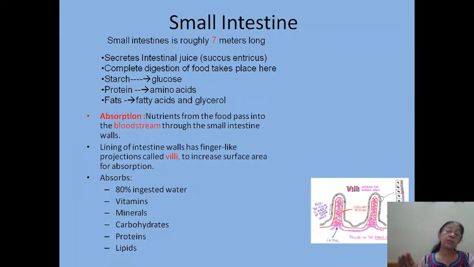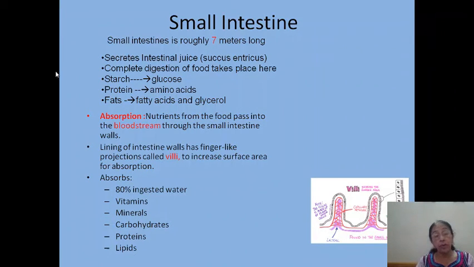So digestion of food is completed in the small intestine. How is it completed? Because the starch now is converted into glucose, protein gets converted into amino acids, fats get converted into fatty acids and glycerol.